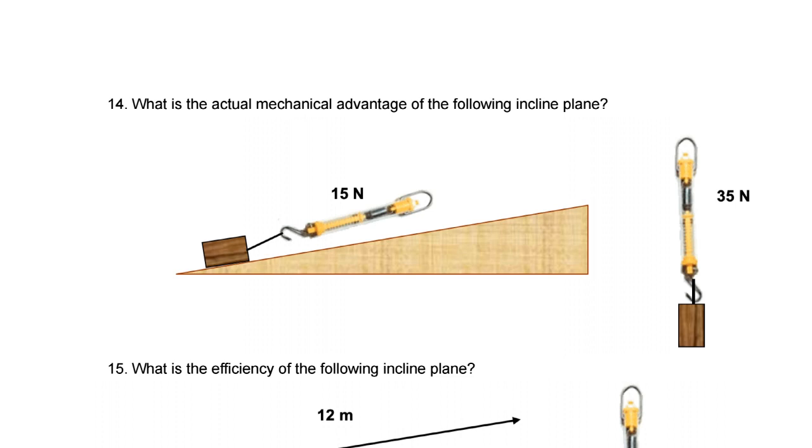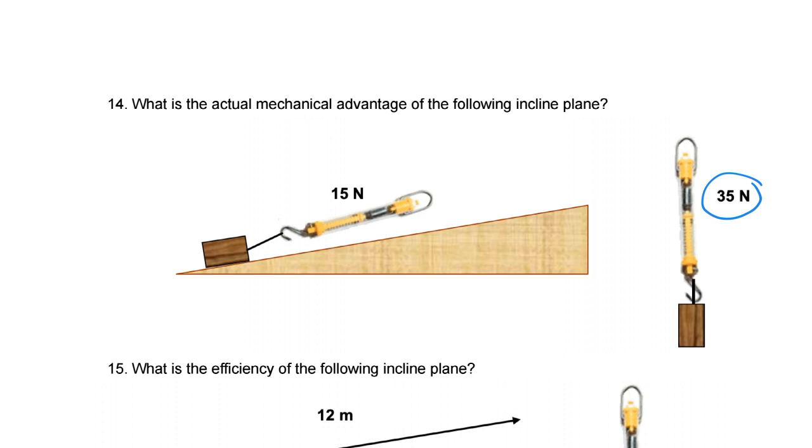All right, with number 14, we need to figure out what the actual mechanical advantage of this inclined plane is. We're only given 2 numbers. That's all we need. We're going to use the effort definition. The output effort is going to be this 35 newtons because that's the effort required to draw something straight up.